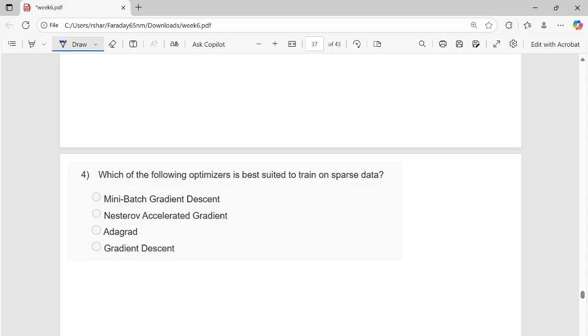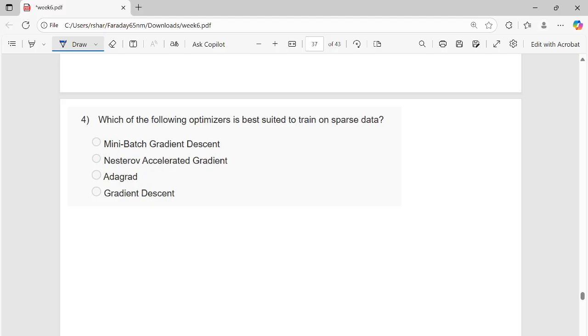Next question. Which of the following optimizers is best suited to train on sparse data?